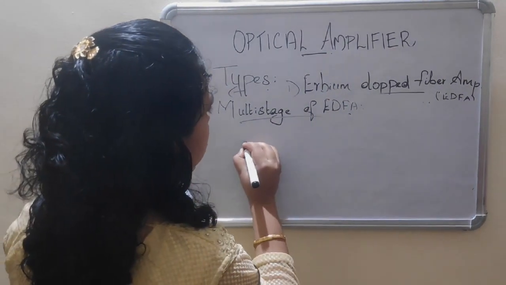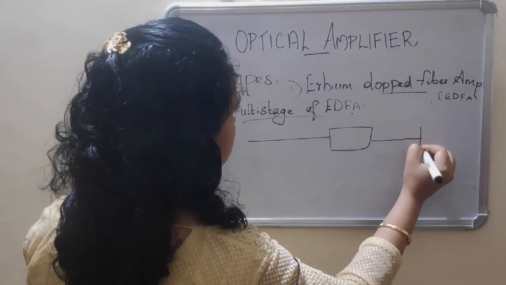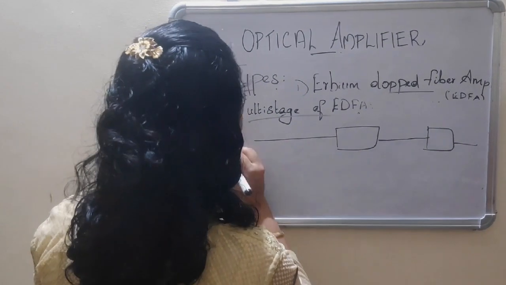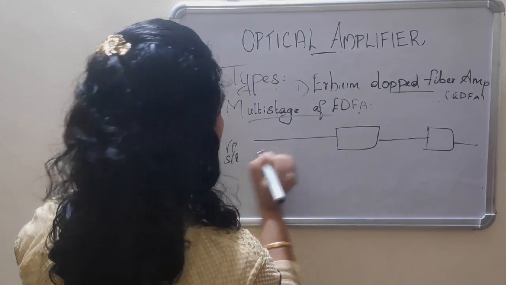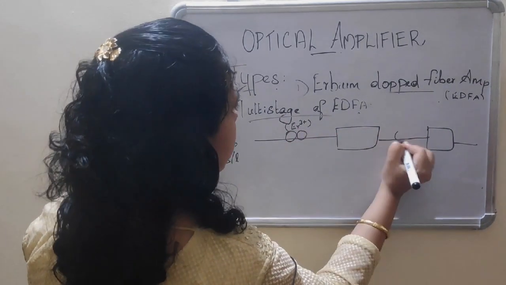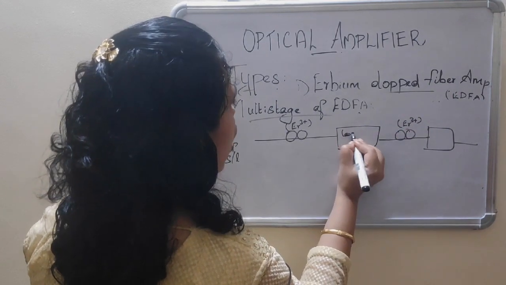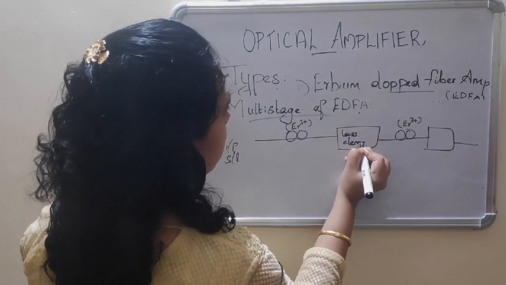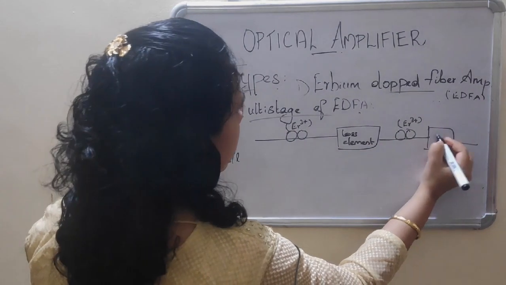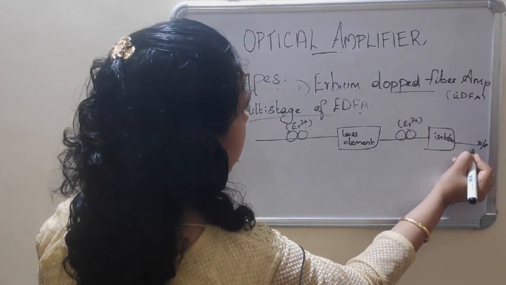Here, in multi-stage, normally two stages are considered. This is the input signal. This is erbium, Er3+, first stage, and this is the second stage, Er3+. This is the loss element, this is the isolator, and this is the output signal.